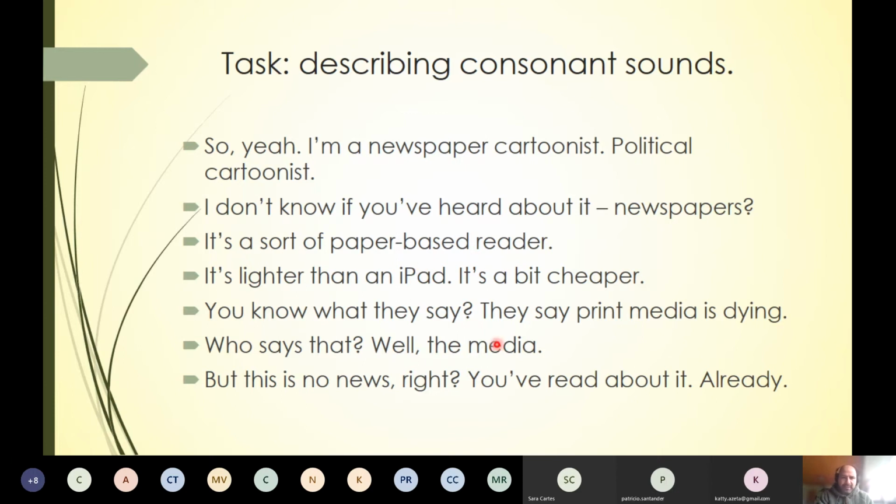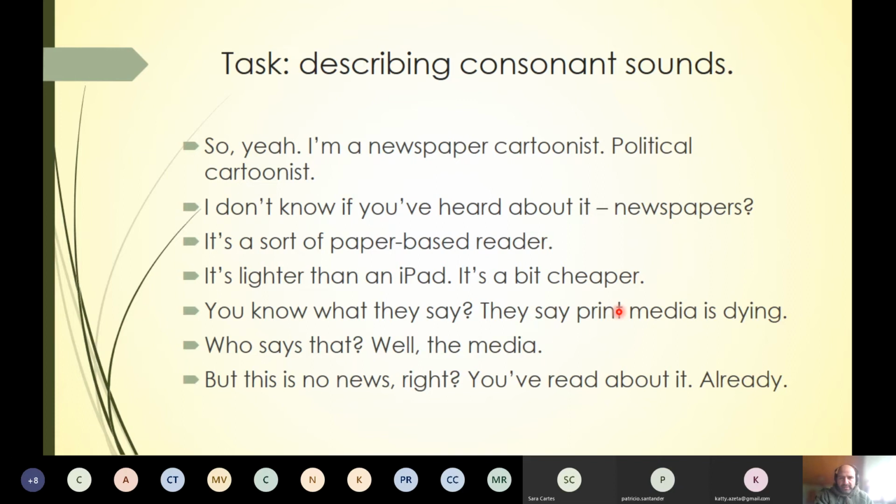Like, for example, let's suppose that I described the initial sound in newspaper and I said it was nasal. So if I were you, I would turn to my classmates and I would also ask them, do you see any other nasal sound here in this script? Okay, so giving the chance to your classmates to participate.